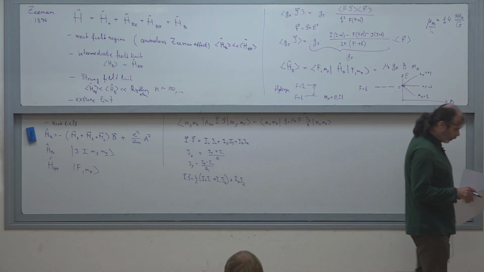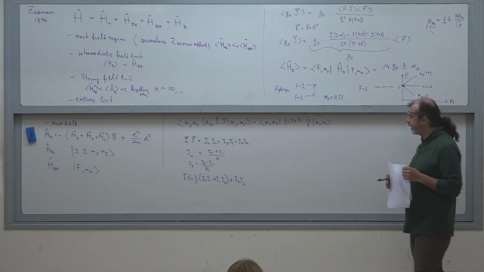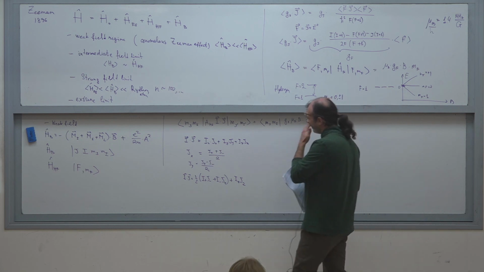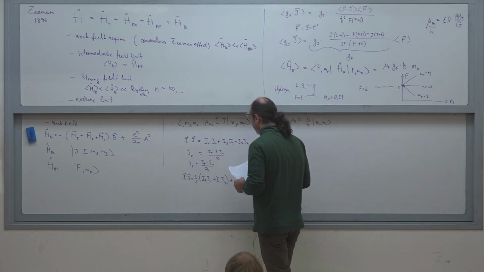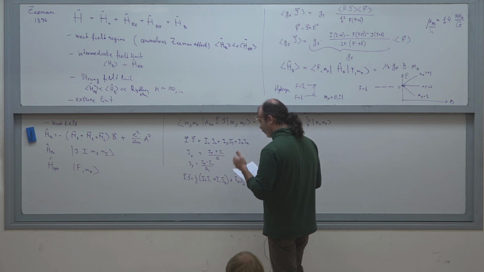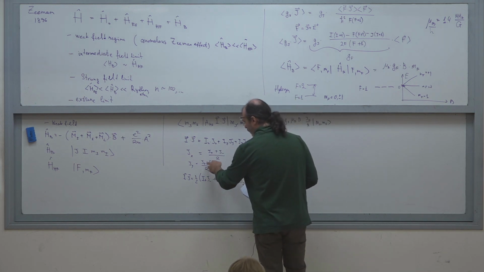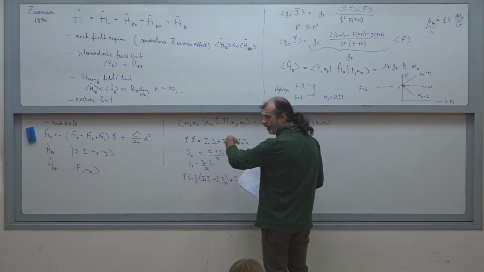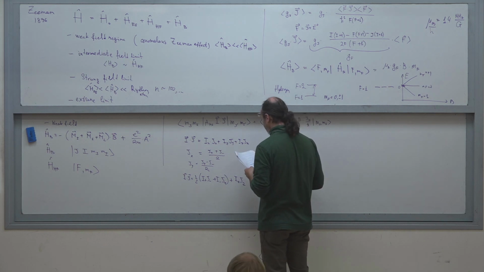This way we can take this operator on the basis of M_J and M_I, because we can find the expectation values of J_plus and J_minus.